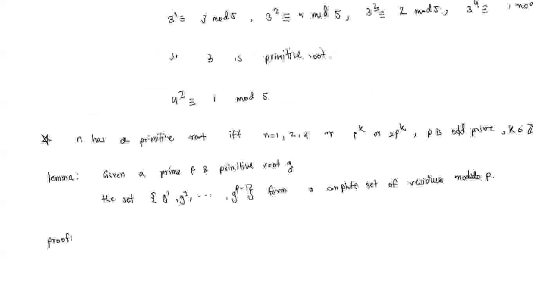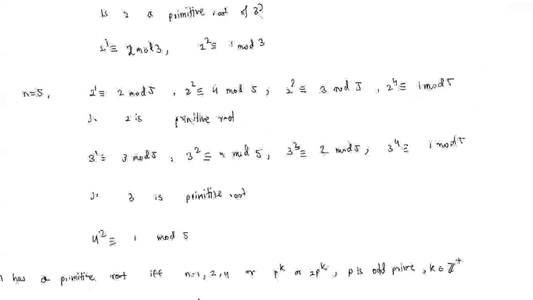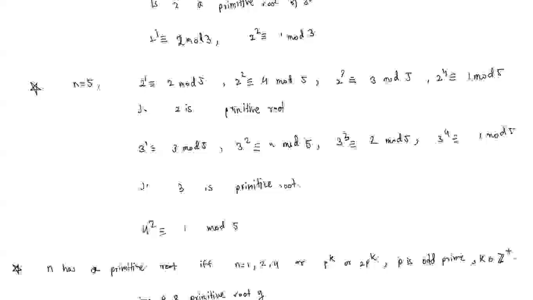Yeah, got it. So we can actually see the example here. For example, when I considered n equal to 5, I know that 2 is a primitive root.